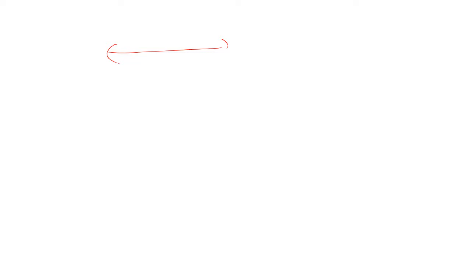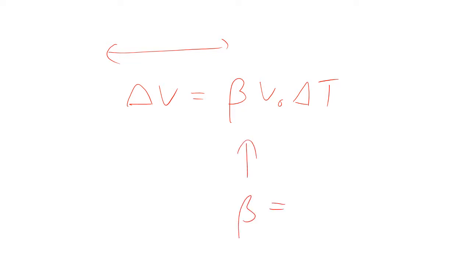Okay, if you want to have volume expansion, then the change in volume is proportionate to the volume times another coefficient times the change in temperature. That coefficient is, for most substances, roughly 3 times alpha.